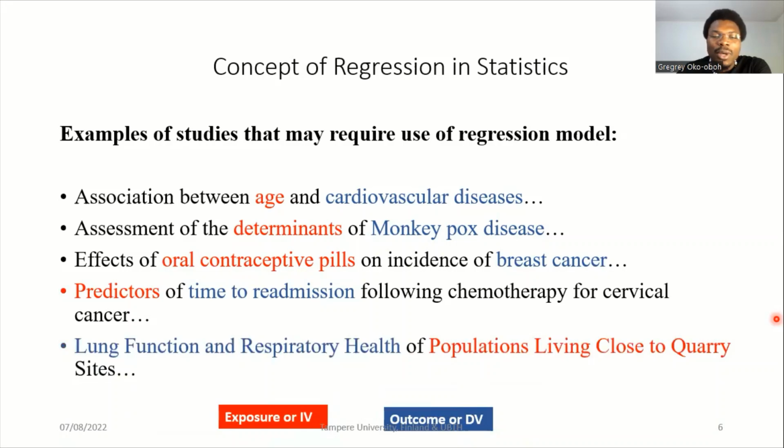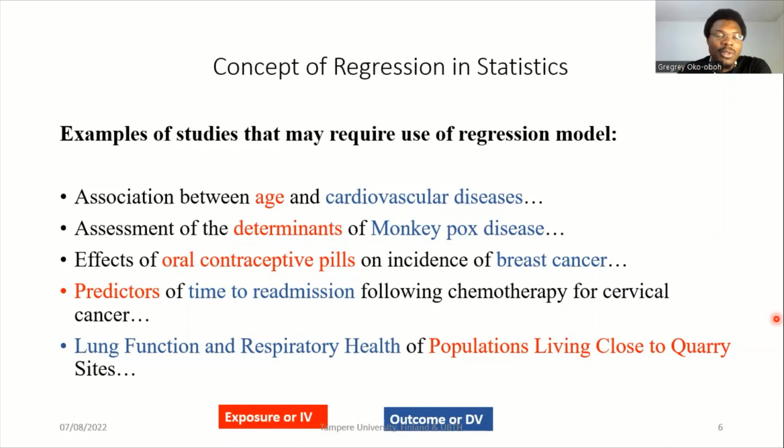Lastly, if we look at a study with a research question on lung function and respiratory health of populations living close to quarry sites, lung function in this case, as well as respiratory health, will be the outcome variable or the dependent variable, and the populations living close to quarry sites will be the independent variable.